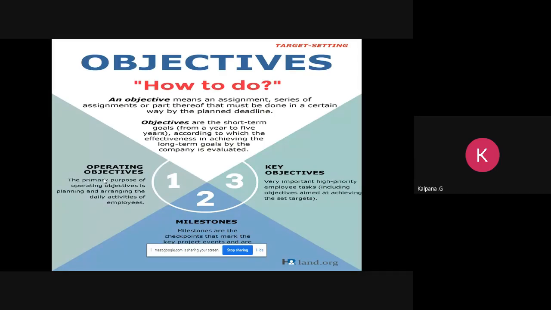We are going to talk in terms of profits, in terms of resources, and all those are the key result areas in an organization. When we talk about milestones, they are the checkpoints that mark the key project events. We are going to analyze how far we are achieving our objectives with the help of milestones. Even before we achieve the objective as a whole, with the help of milestones, we will be able to assess the objectives.